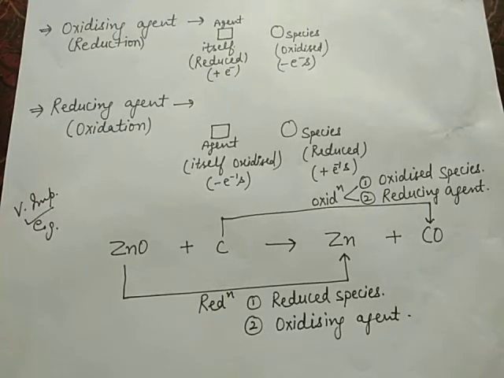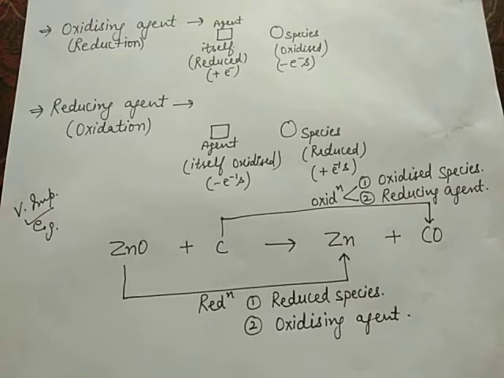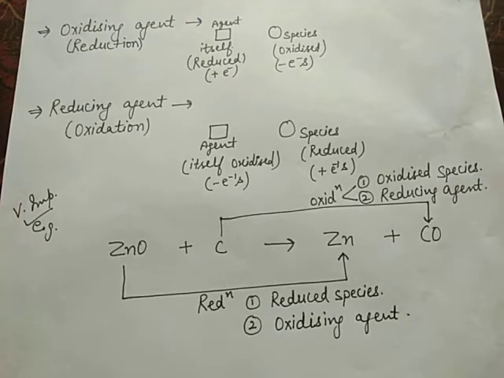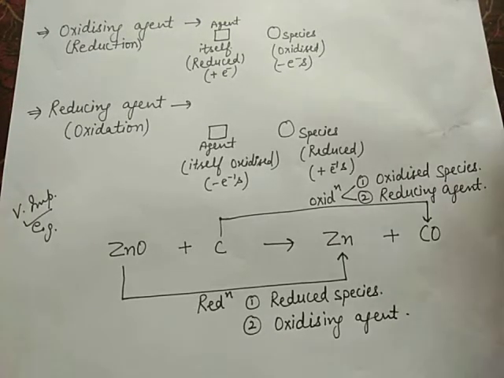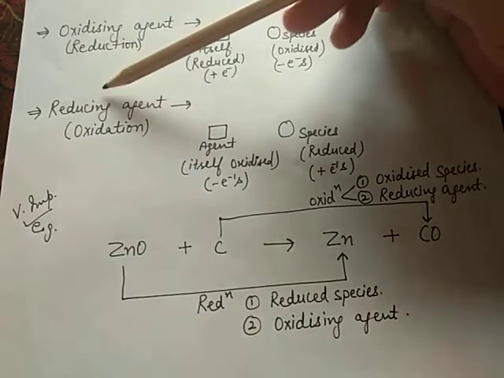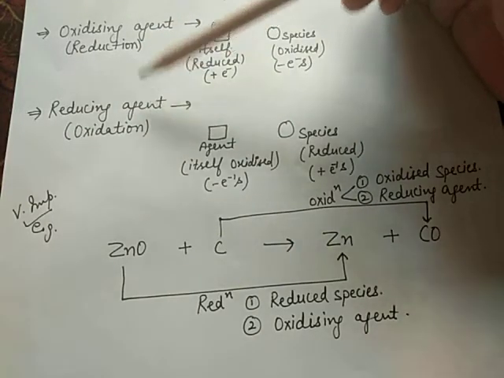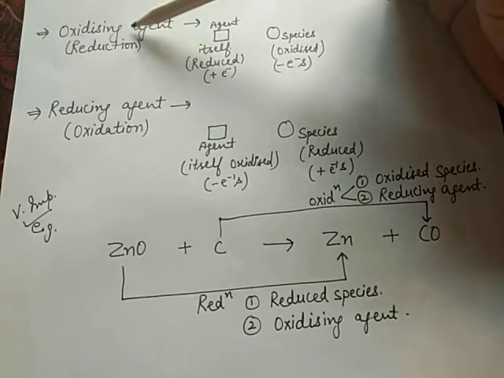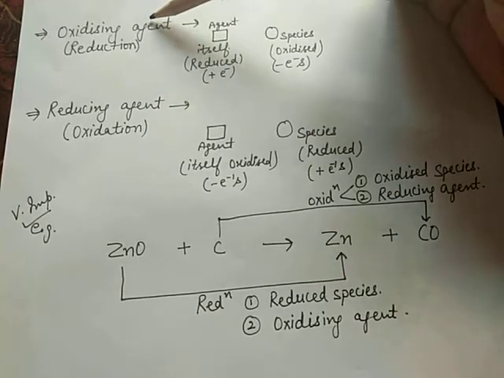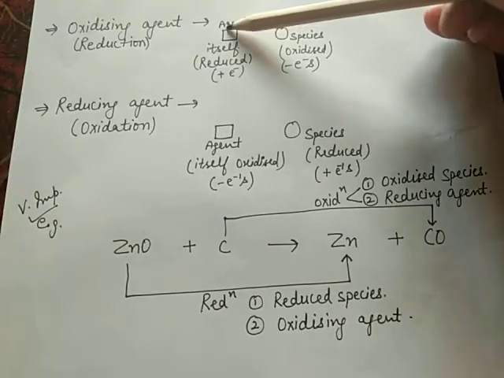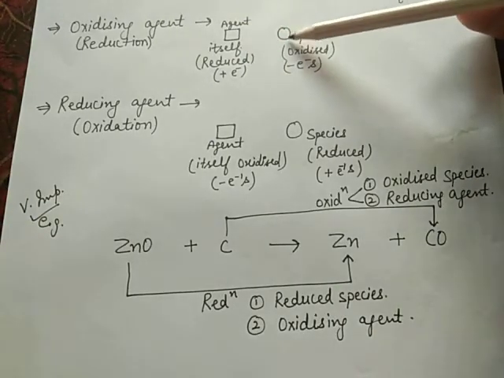First of all, we learn two small terms, oxidizing agent and reducing agent. Oxidizing agent means, suppose this is the agent and this is the species.